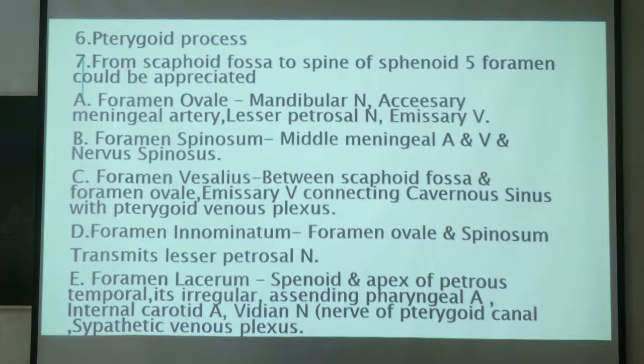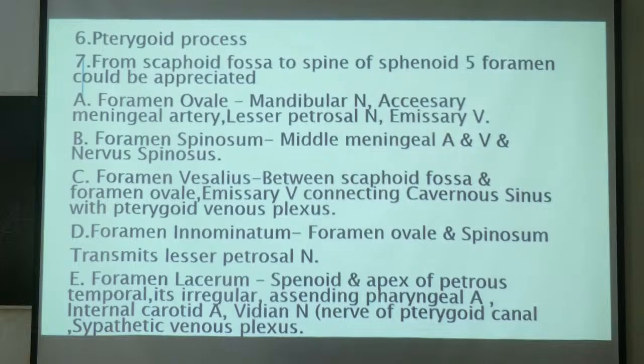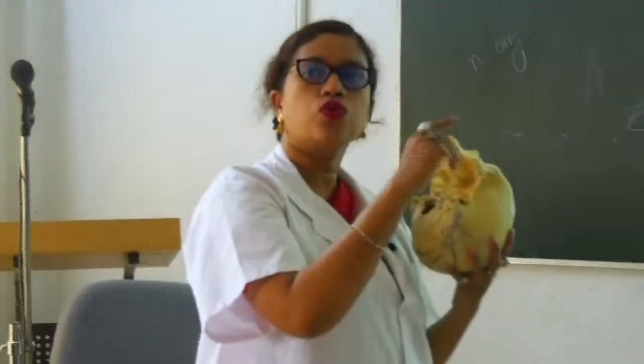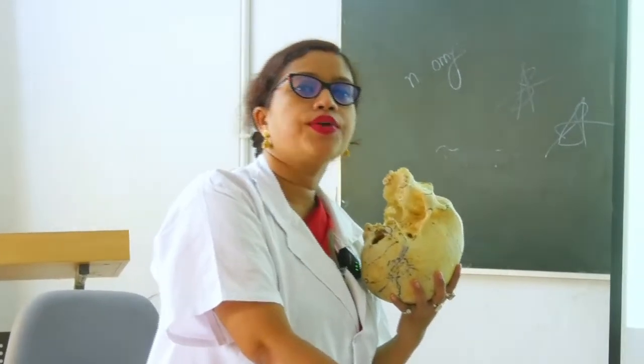Where is the cavernous sinus situated? It is situated just posterior to the face. So any type of facial infection could go to the cavernous sinus, and from cavernous sinus it will go to the pterygoid venous plexus.